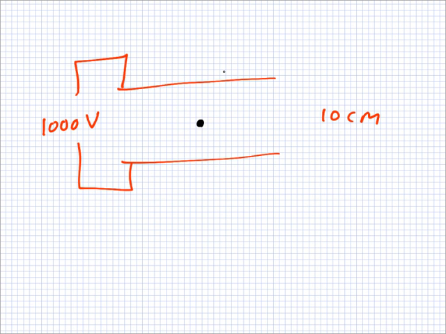So let's just call this plate positive and this one negative. Firstly, do I need a negative or a positive charge? Negative charge. And I would need the force that's pulling it up, the field, to cancel the weight exactly. So we need EQ equals mg.